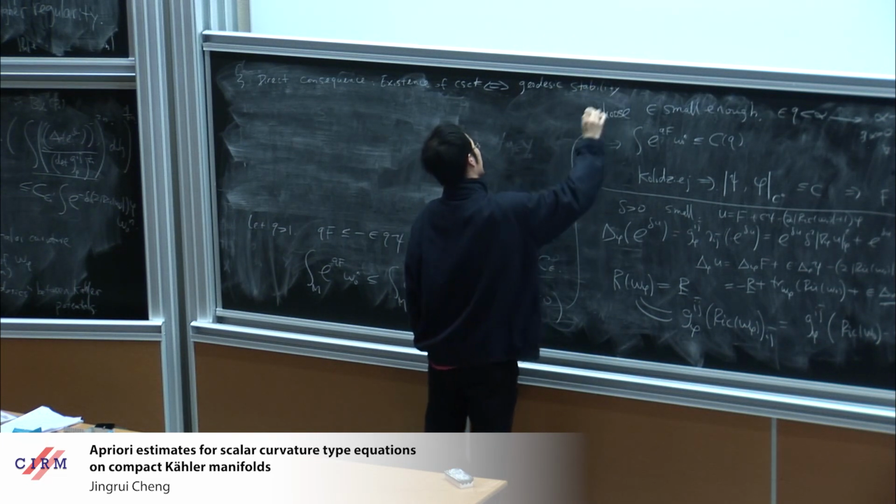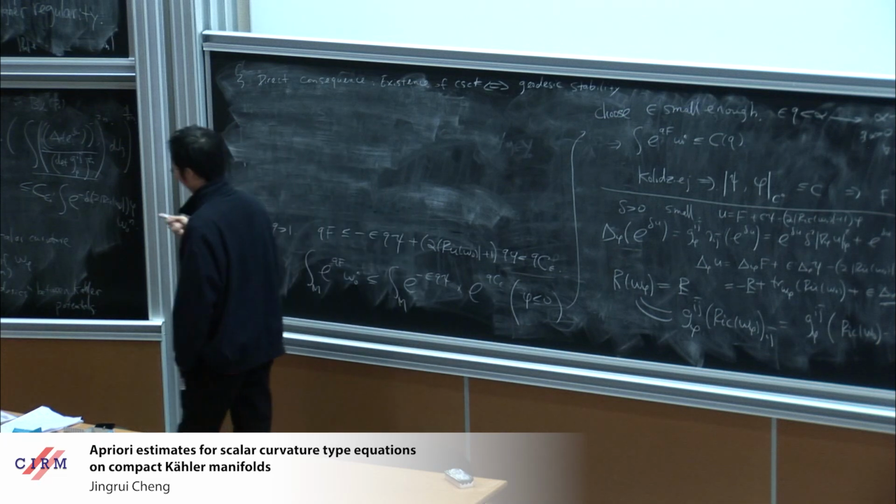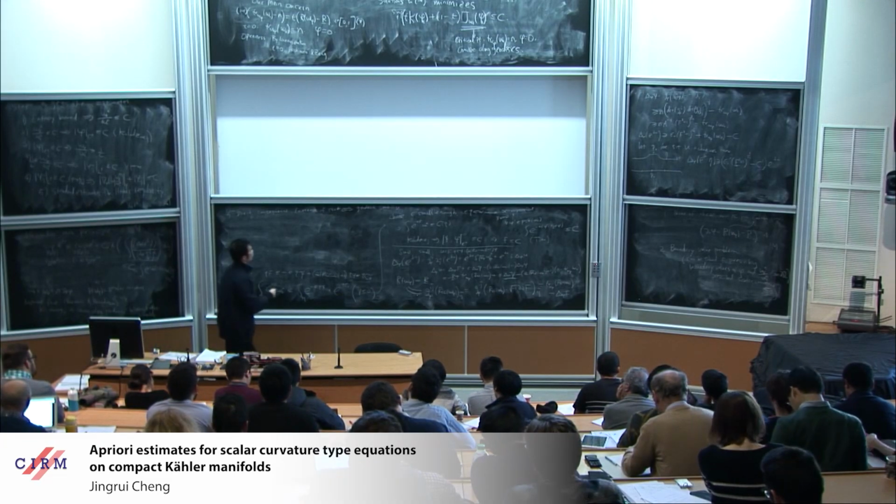What this precisely means, geodesic stability, is that the K energy has positive slope along all the geodesic rays.